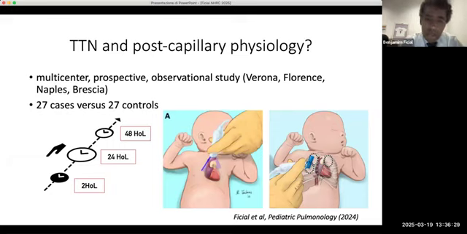This was a multi-center prospective observational study. We included 27 neonates with TTN matched with 27 controls. And a lung ultrasound and a comprehensive echocardiogram were performed at 2, 24, and 48 hours of life.